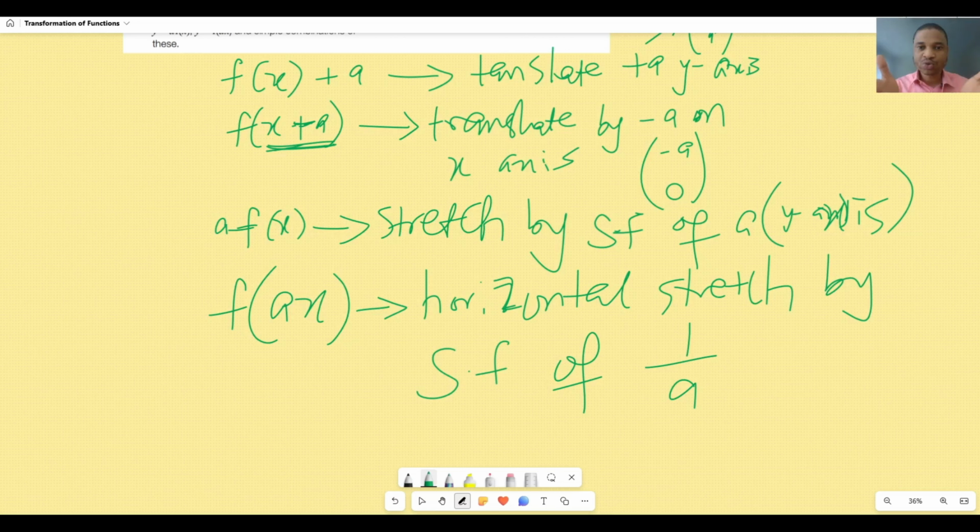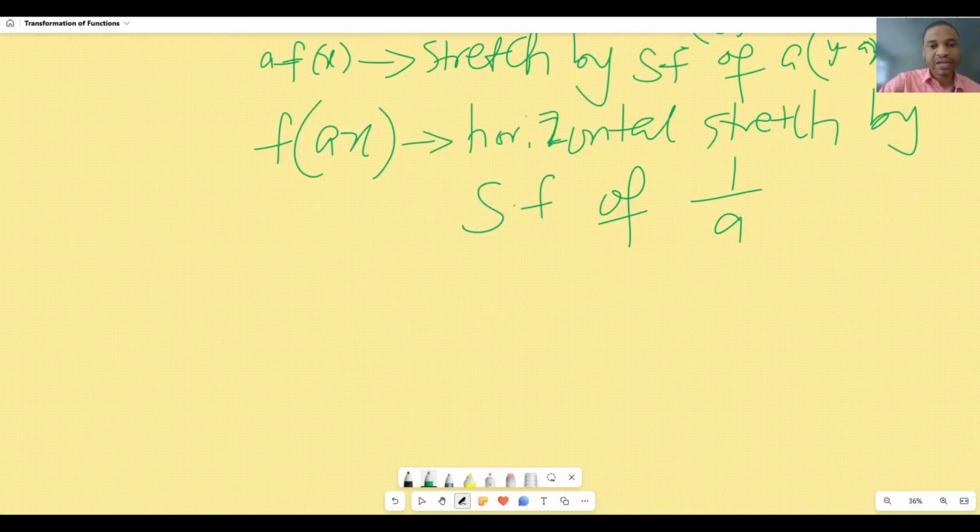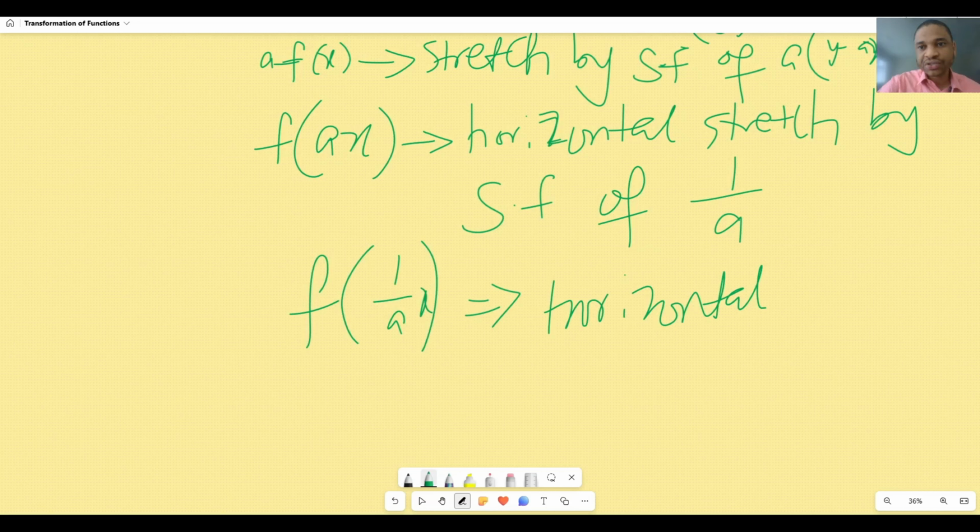So this is just a general formula, so I'm just repeating this. If I have f of 1 by a times x, it will be a horizontal stretch by scale factor of a, because 1 by 1 by a is a.